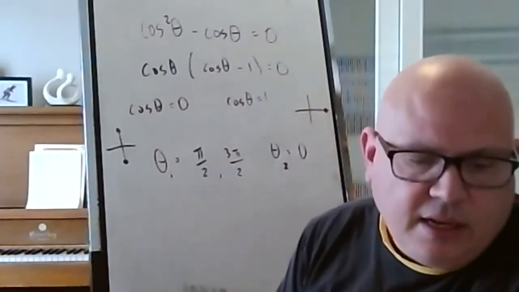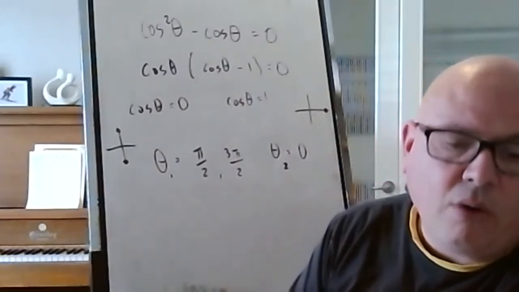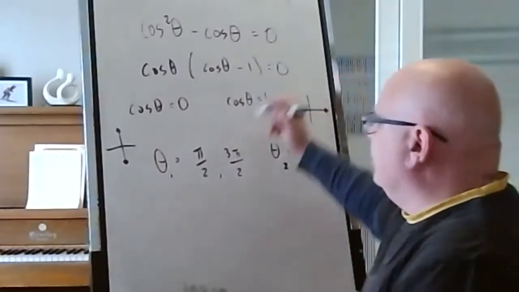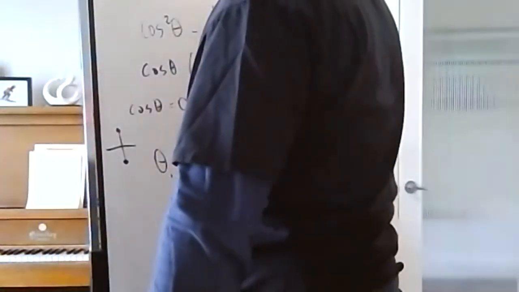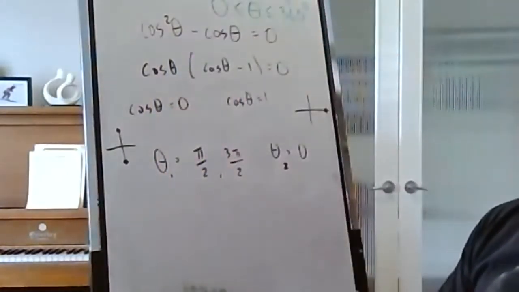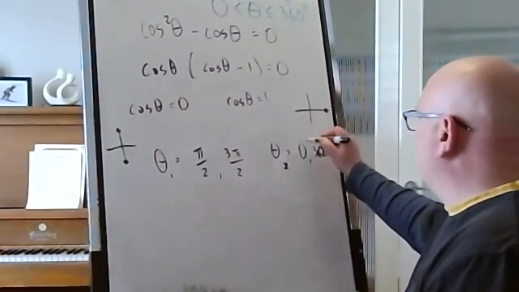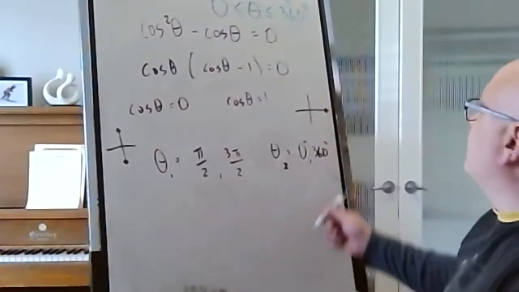It does tell us on our restrictions for this one, we are working from 0 to 360. It did say in the question, 0 is less than theta is less than or equal to 360. That less than or equal to part is relevant now because 360 is going to be included as an answer. So 0 degrees and 360 degrees.